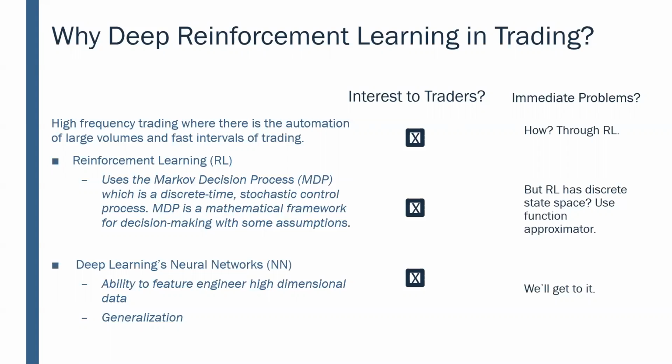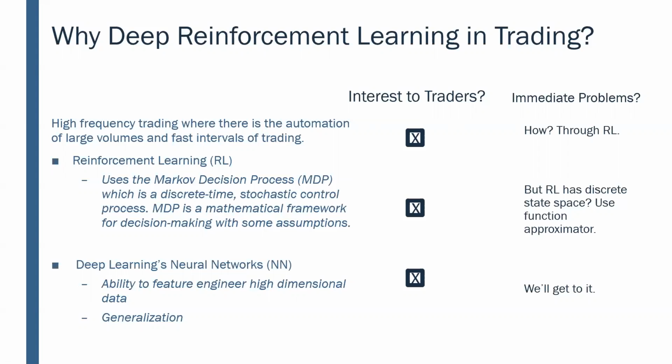Now, why would traders be interested in deep reinforcement learning over plain reinforcement learning? Well, reinforcement learning provides a stochastic control process, which lets you mathematically set up the task under a framework where an agent, given some state, can produce some action.